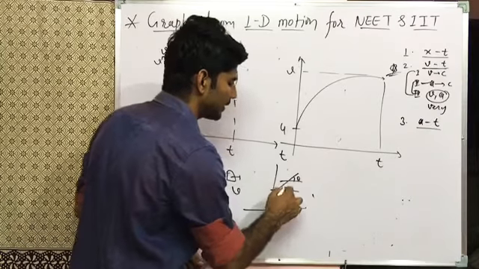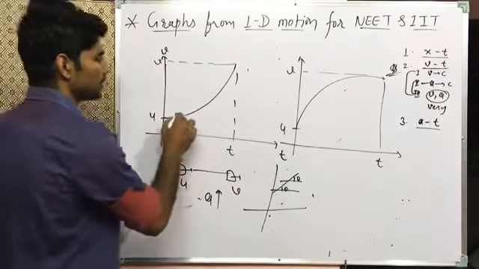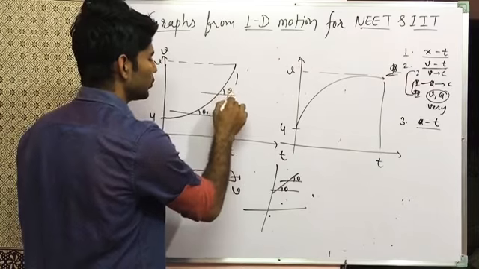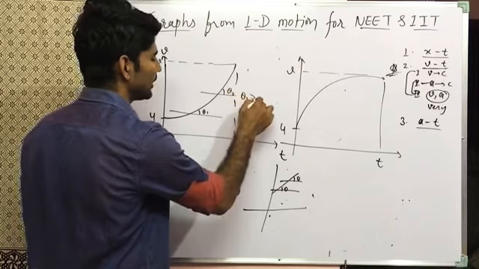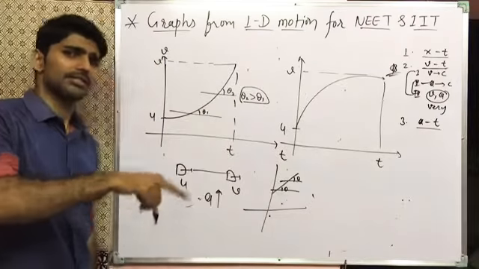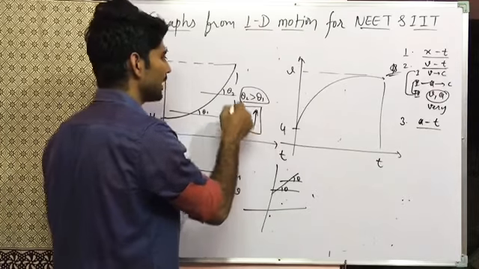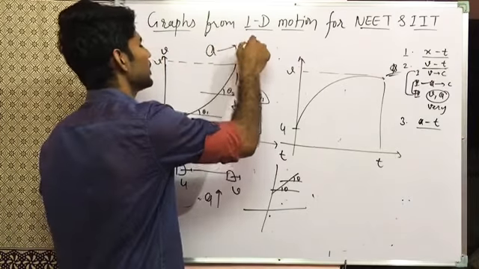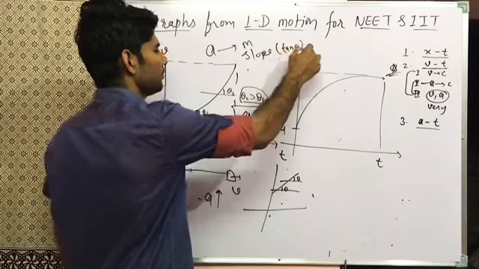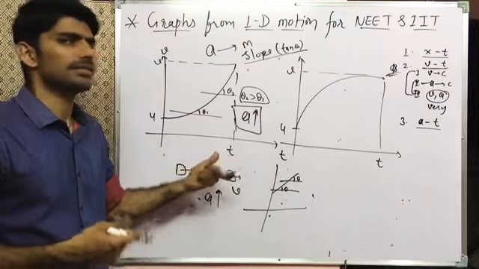Here you can say this is the angle theta 1, this is the angle theta 2. So theta 2 is greater than theta 1. See here, angle or slope is increasing, so acceleration is also increasing because acceleration relates to the slope. Slope means tan theta. If theta is increasing, tan theta is increasing, slope is increasing, and acceleration is increasing.